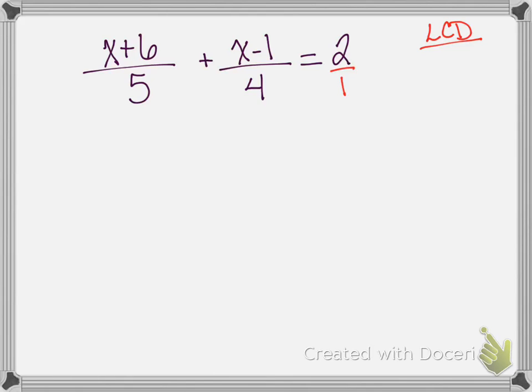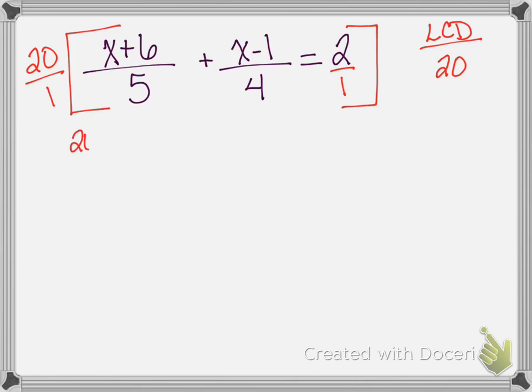20. Good. Okay? So I want us to multiply everything times 20 over 1. And I'm going to do this first step, then I'm going to let you loose. Okay? So I've got 20 over 1, and I am multiplying that times x plus 6. Go ahead and get in the habit of putting that binomial in parentheses.